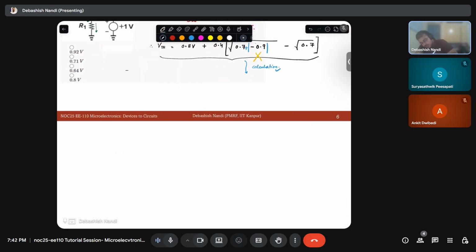So this is your MOSFET. This is your body terminal. This is your N plus, N plus. This is your P terminal. Let's say this is source, this is drain, this is gate. Fine.